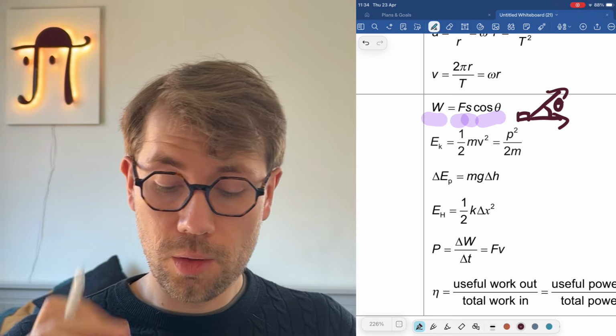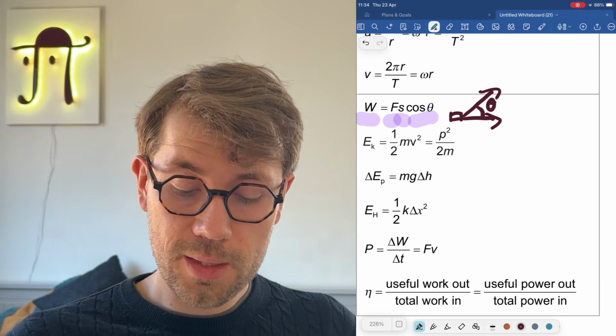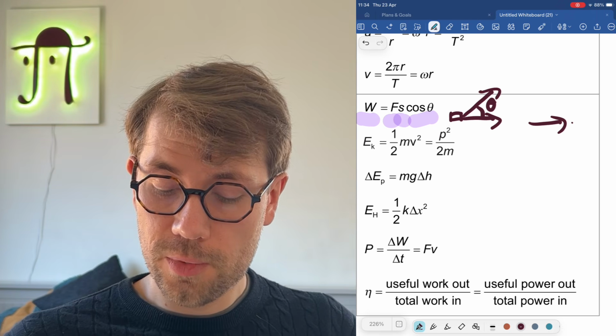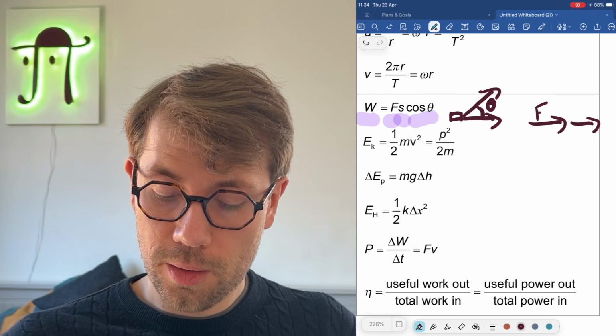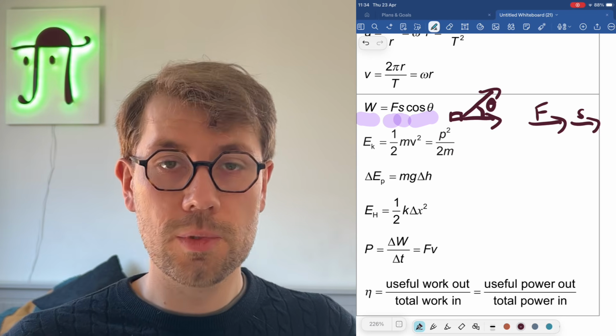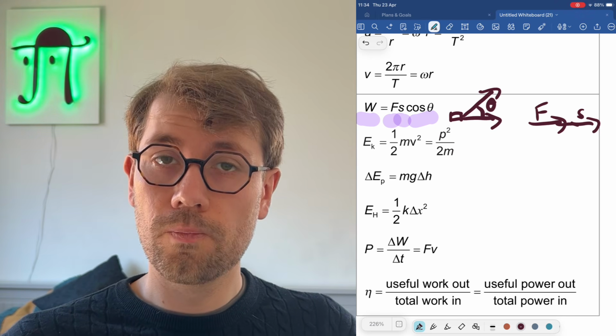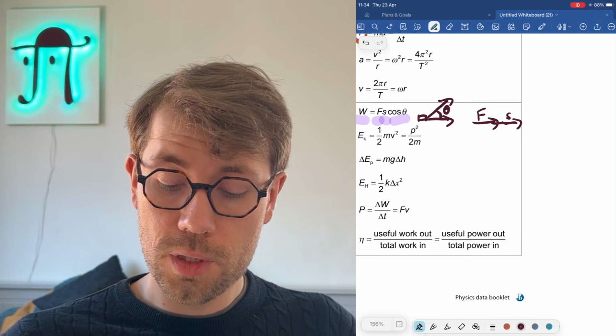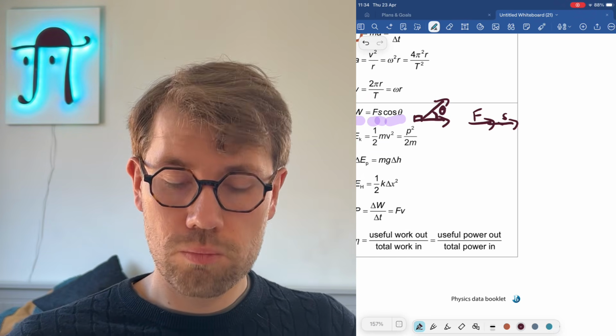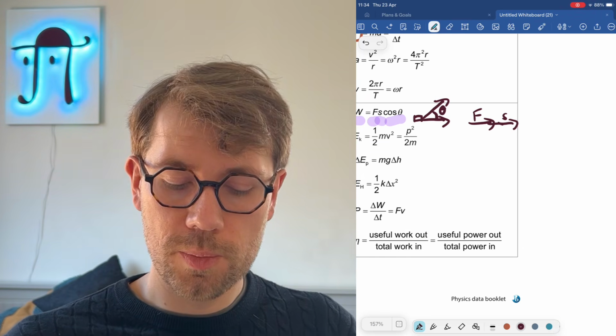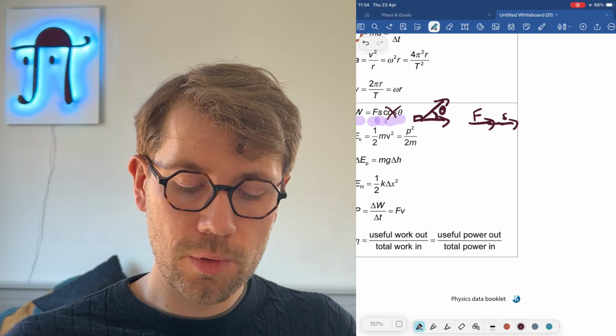One other thing you need to know about that is if in the handy instance they're both in the same direction, the force and the displacement, well then actually the angle between them would be 0, and cos of 0 is 1, which means we can just kind of forget about it from the whole equation.